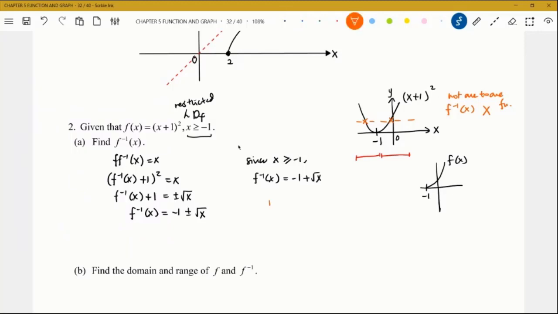If domain yang diberi adalah x less than equal to -1, so F inverse kita adalah -1 minus square root x. Sebab ini adalah sebelum, so dia jadi minus. Ini adalah selepas, dia jadi plus. Okay, is that clear?